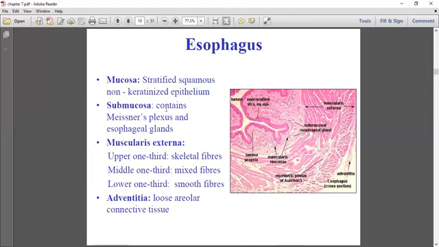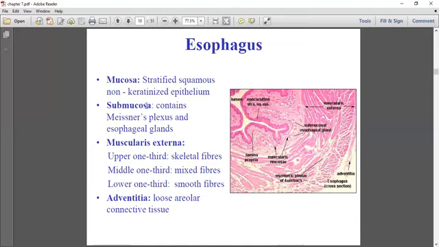Submucosa contains esophageal gland, which is a multicellular mucus secreting gland, acinous or alveolar in shape.